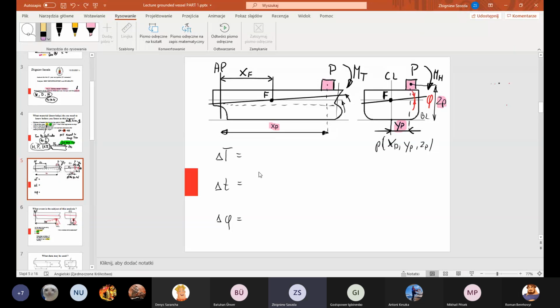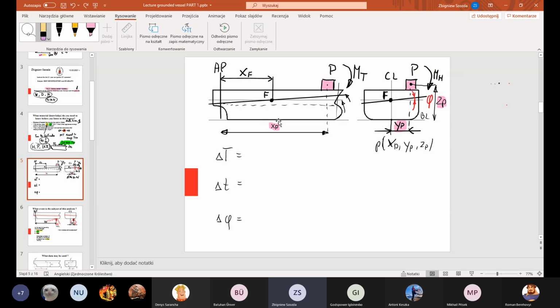Who is the best student? Okay, so I turn to the list. Sir, I can try, but can you repeat the question? The question is the method of calculation of change of mean draft, change of trim, and change of the angle of heel after additional weight P has been loaded into a known position.